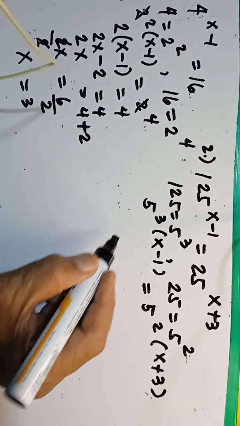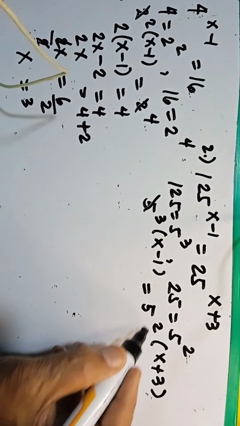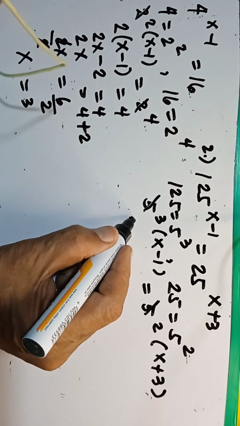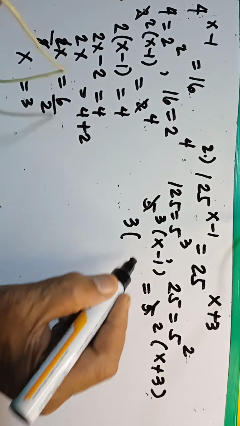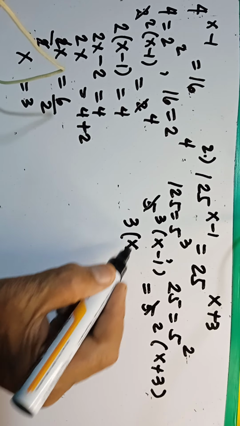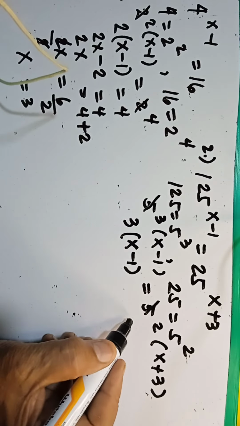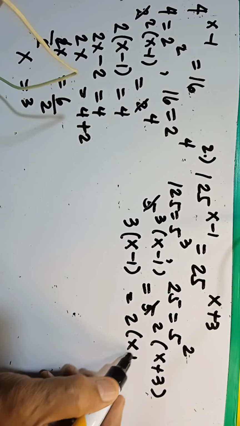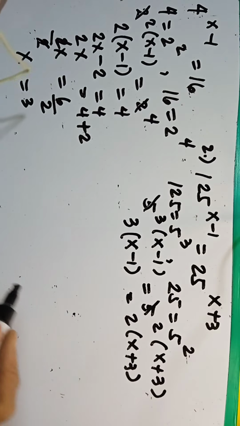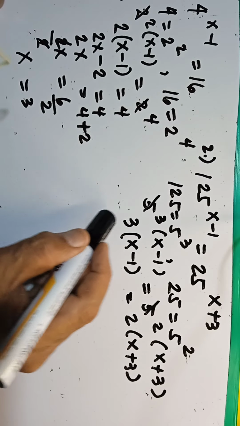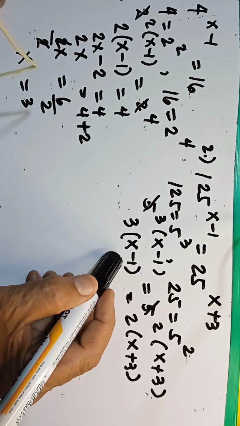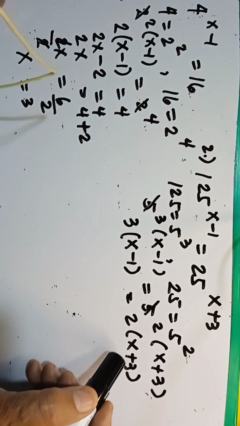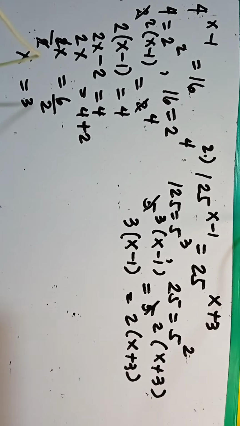Since the bases are already equal, we disregard the bases and solve the exponents. 3 times x minus 1 equals 2 times x plus 3. Now, we will distribute by multiplication 3 to x minus 1 and 2 to x and positive 3.